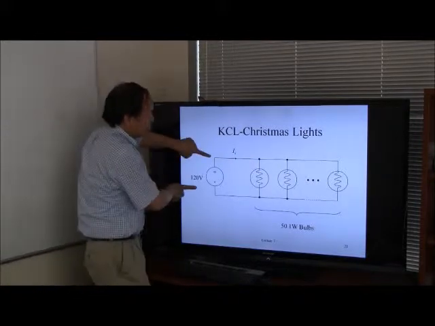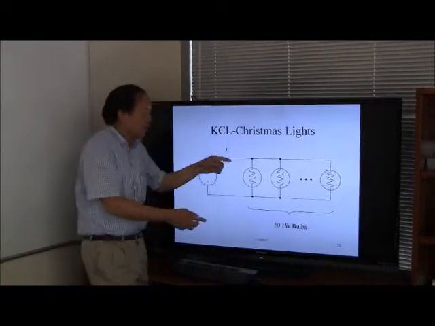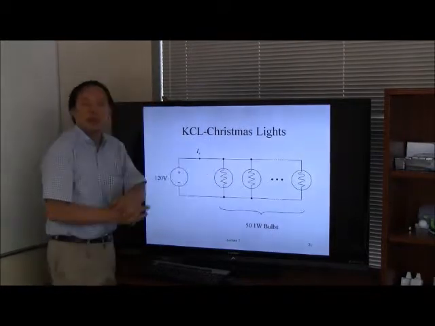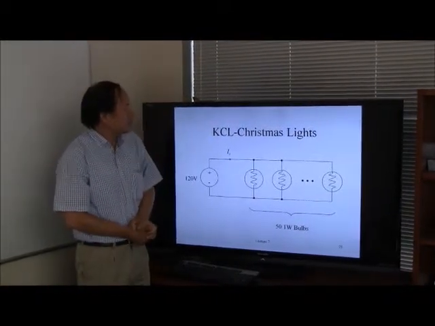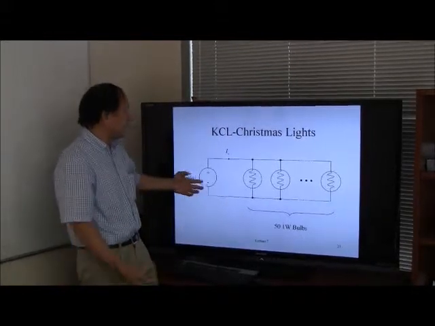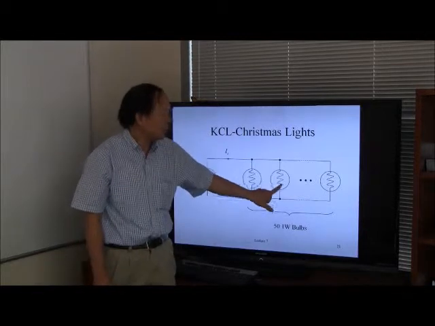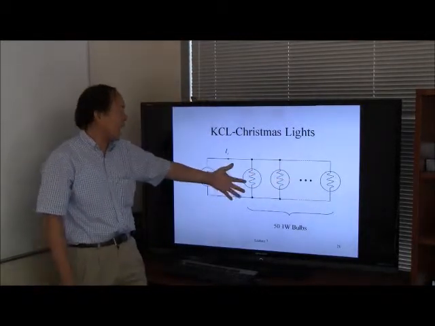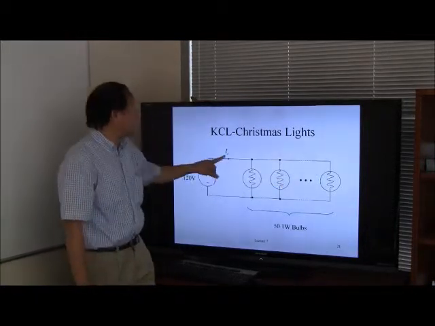So the current coming down here is I_S, where S stands for the sum of the current, and it will be equally divided among the 50 light bulbs in this string of Christmas lights. Therefore, if each of the currents through the light bulbs is equal to I, then 50 I would be equal to I_S.